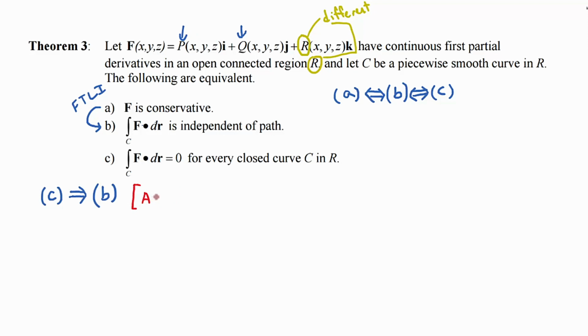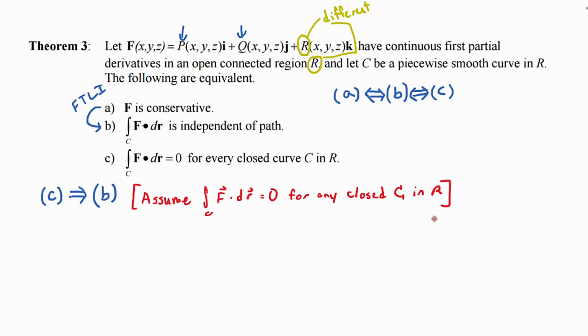We can assume that the integral over C of F dot dr, this is statement C, equals 0 for any closed C in R. We can assume that. So what do we need to show? We need to show C implies B. We need to show B. So what is that?